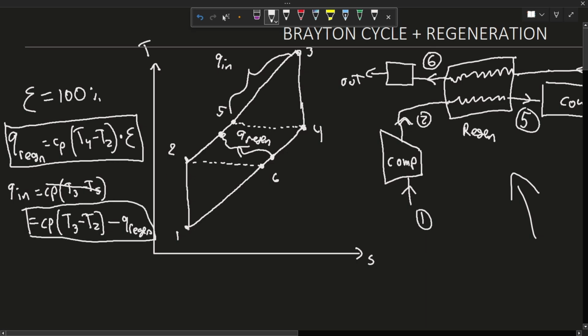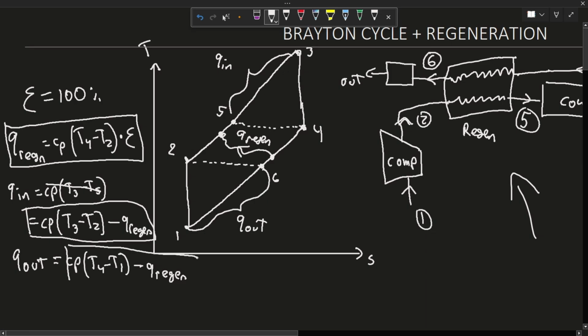And it's the same thing for Qout. Your Qout is only this part over here. So Qout equals Cp times the entire thing, T4 minus T1, just like as if it was a simple Brayton cycle, and then you subtract the Q regen. These three equations, you really have to know them.